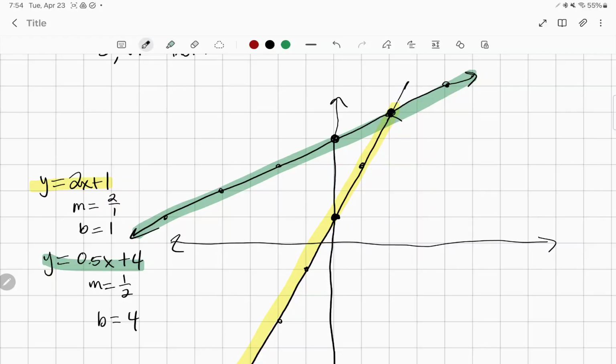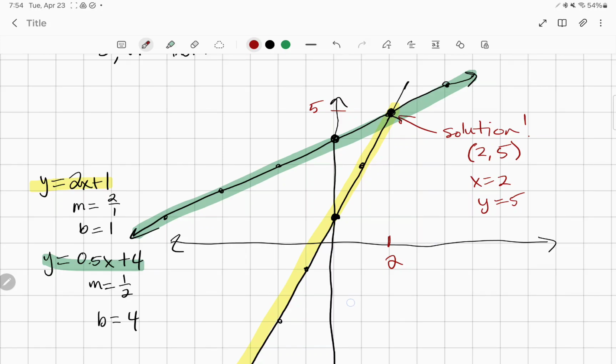If I bring this one out a little bit more, right there is where they cross, right? So that's our solution, and it looks like the point 2, 5. So x is equal to 2, y is equal to 5, and that is where they cross. So that would be the solution of those two equations.